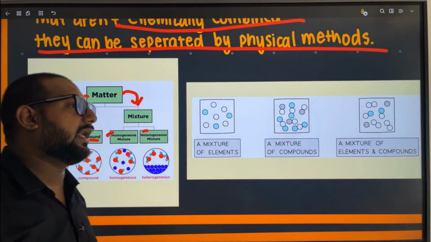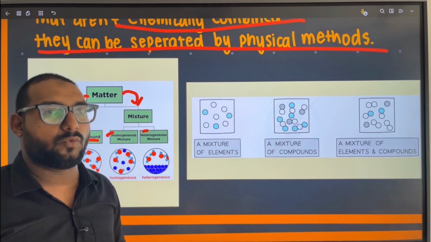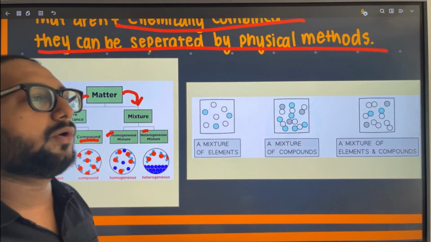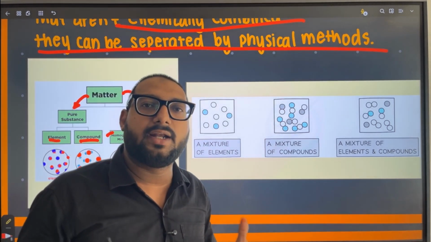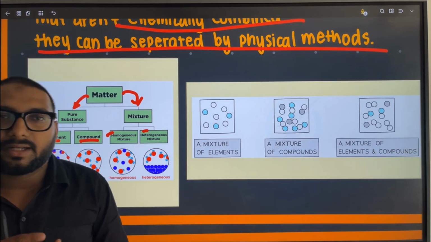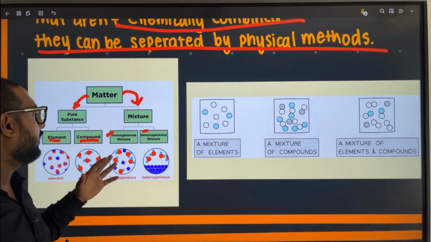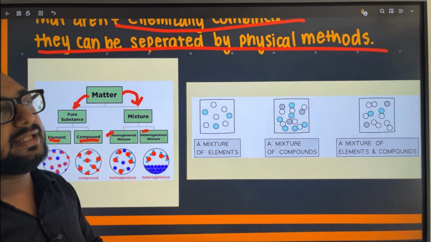Homogeneous mixture is like, suppose you are mixing salt and water. When you mix salt and water, after mixing it, you don't find any leftover in the glass of water. They are thoroughly mixed. When they can be combined thoroughly, that is called a homogeneous mixture, that they can be dissolved.